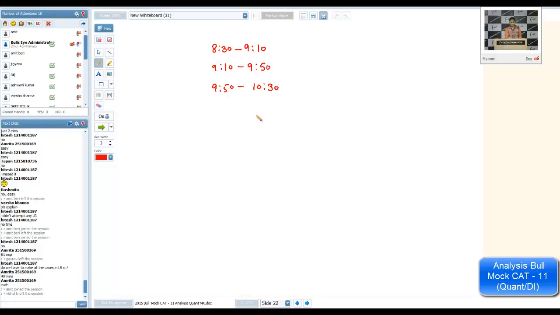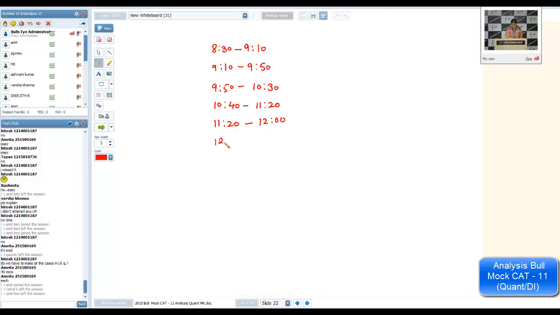10:30 to 10:40 was a break. So I'm writing the remaining timings. It comes out to be 11:20 and so on. First of all, you will write all the class timings. Then we have one class from 11:20 to 12.